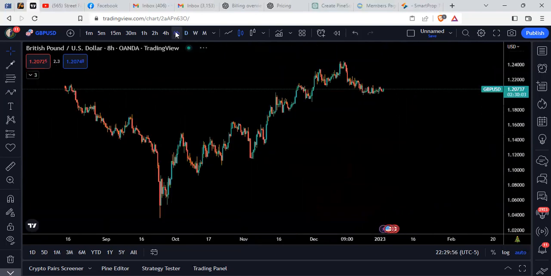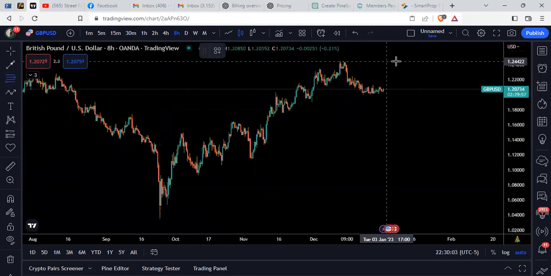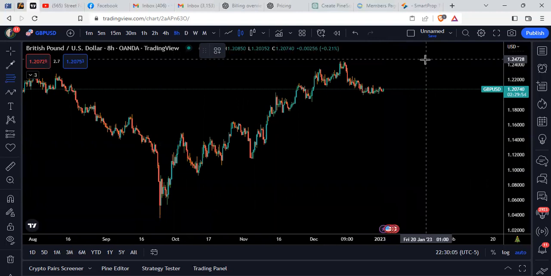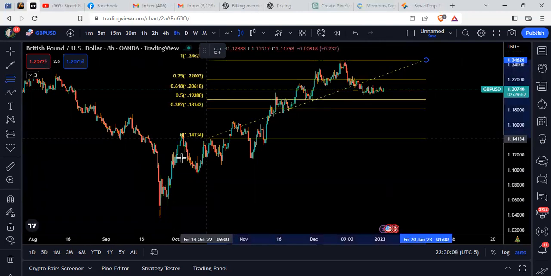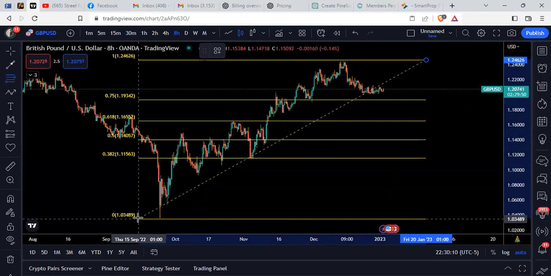Go ahead and take a look at that. I bet you if we drop down to the 8 hour, then on the 8 hour we can see the uptrend. Draw the fib on this jump.